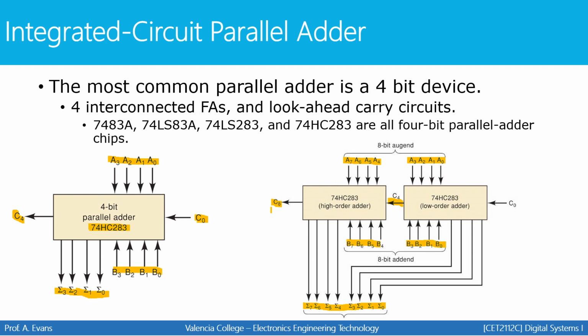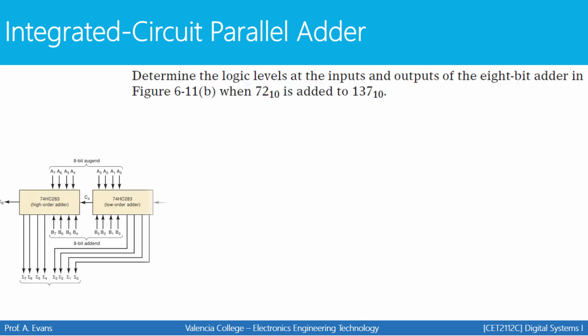So now let's take a look at how this would work. We're going to determine the logic levels at the inputs and outputs of the 8-bit adder in this figure below, figure 611, when 72 base 10 is added to 137 base 10. So now we have a 4-bit parallel adder that's been cascaded. Then we have to determine what the inputs and outputs are going to be in order to add these 2 numbers together.